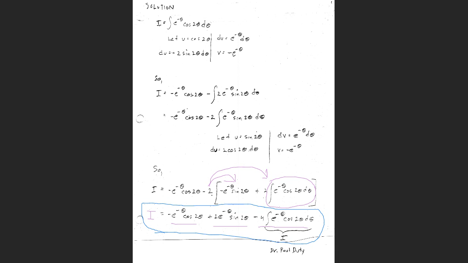Good, Samuel. Good. Let me go to the next page. Here's what we have, and I'm trying to solve for the integral I, so I can add 4 times that integral to both sides.